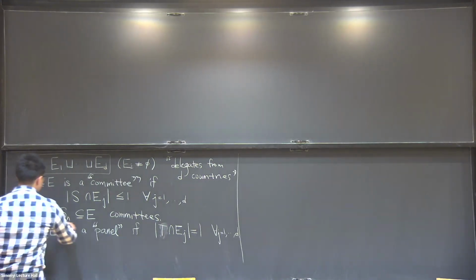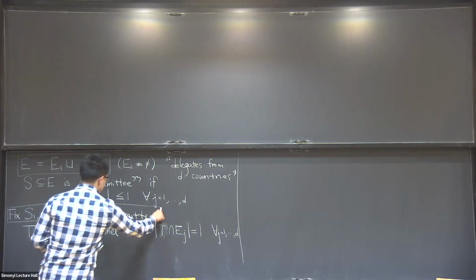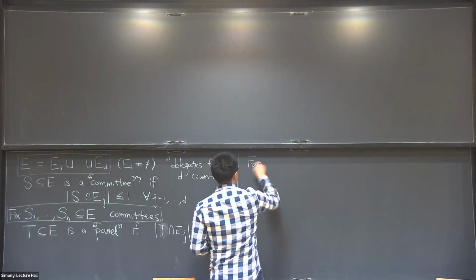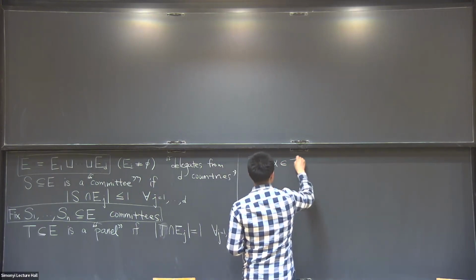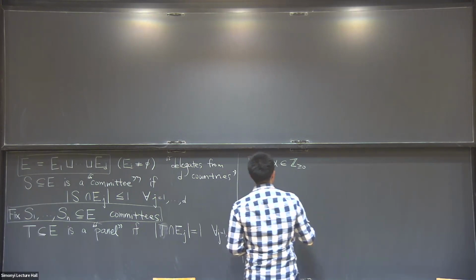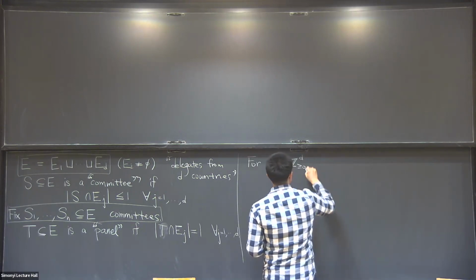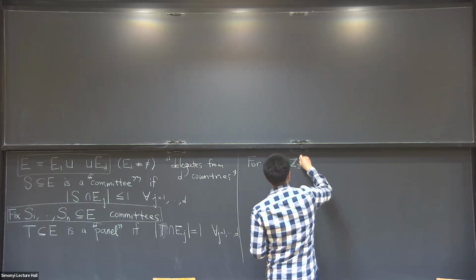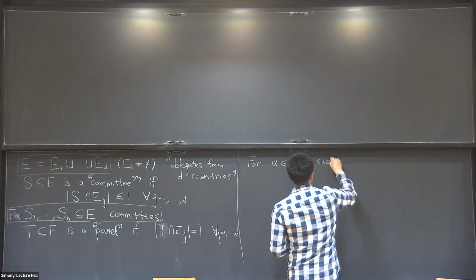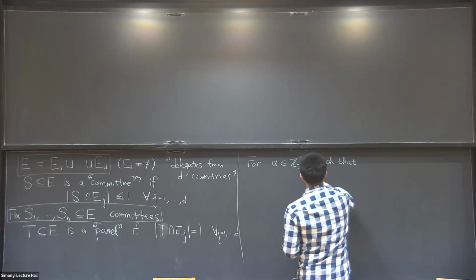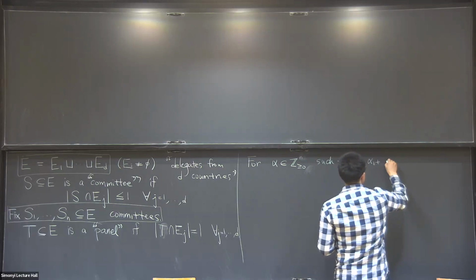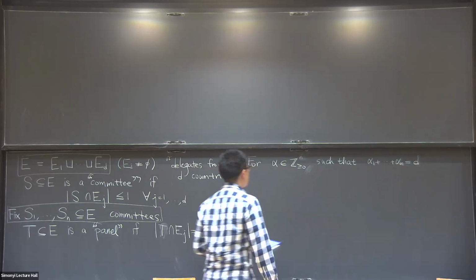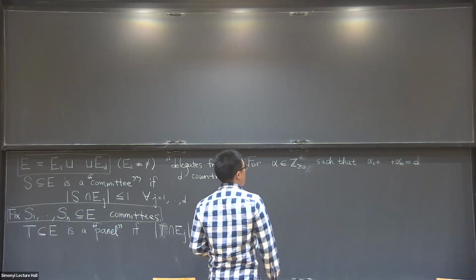And we fix this data. And what do we want to count now? Now, given a non-negative integer vector, one for each committee, such that the sum of the coordinates is the number of countries, D. We'll keep that throughout.